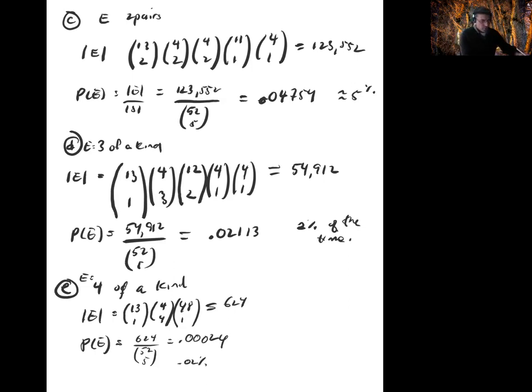Okay, I'm going to do one more problem that's not listed in the text. It's an easy one. I just thought I would show you how rare it is. There's something called a royal flush. So let me explain that.